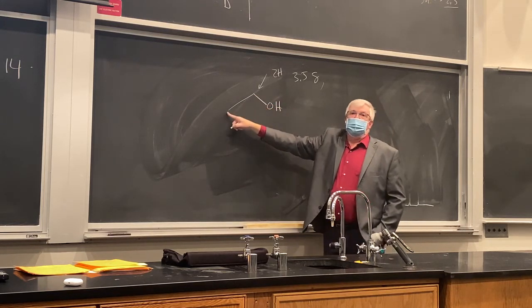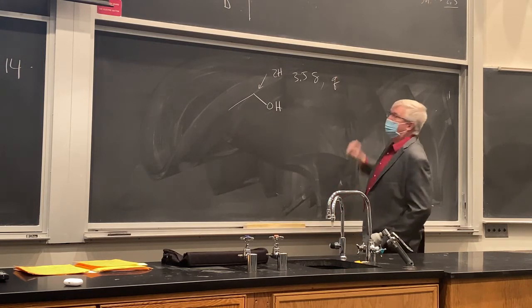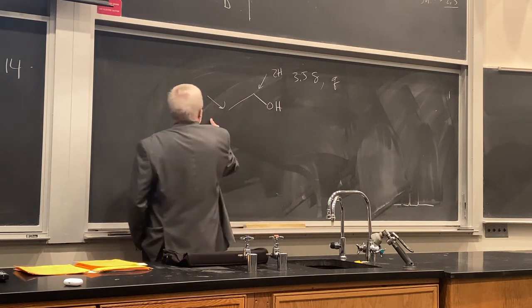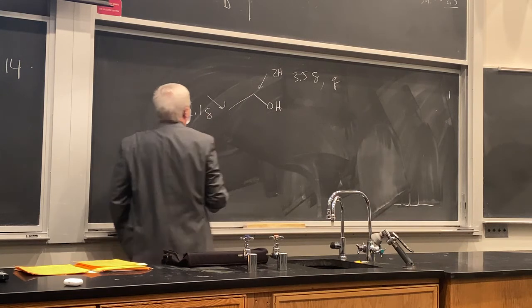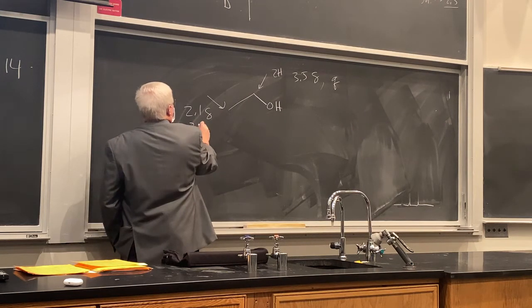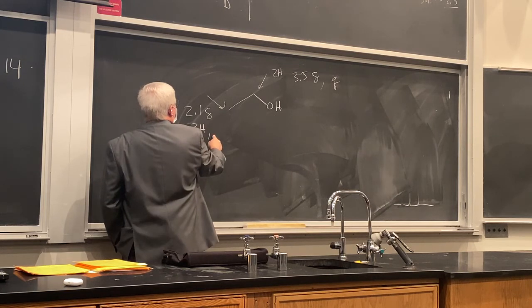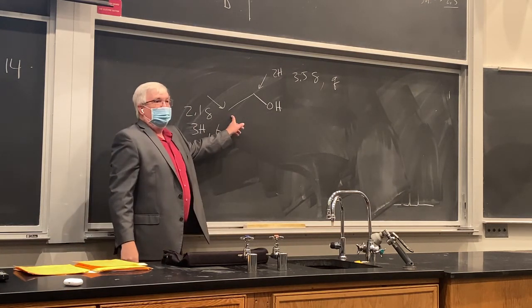They have 3. So 3 + 1, so it'll be what? Quartet. Okay. And what about this one here? 2 neighbors. It'll be about 2 or a little over 2 maybe, 2 or 3H, sorry. And what's the multiplicity? It'll be a triplet. So you can do the same analysis there to figure it out.